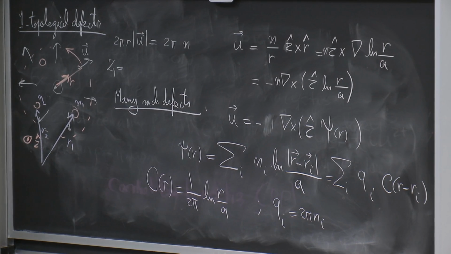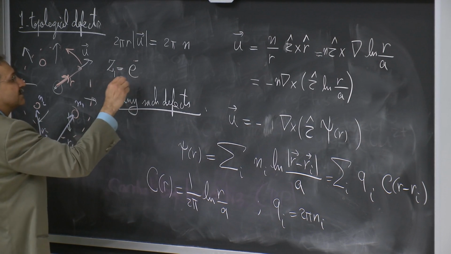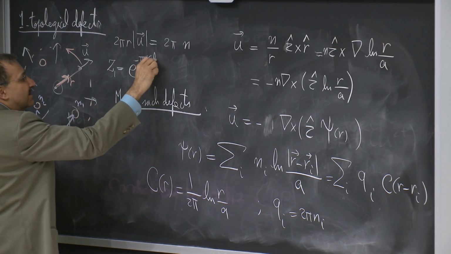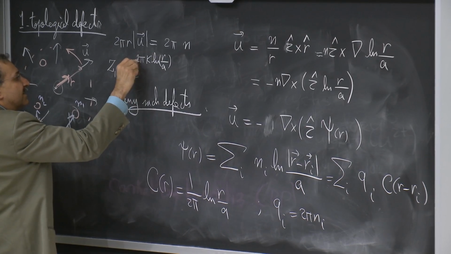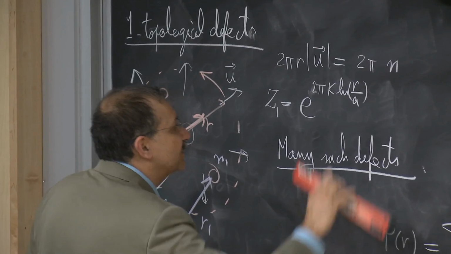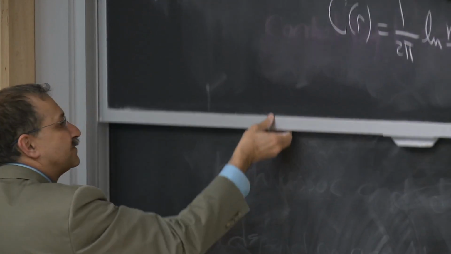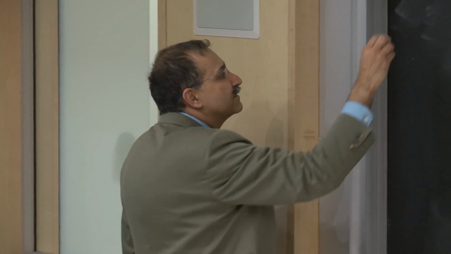And this integration gave me this factor of e to the minus pi k log of r over a. Actually, there was 2 pi k. Actually, let's do this correctly once. I should have done it earlier and I forgot.